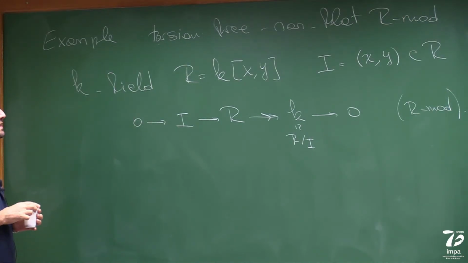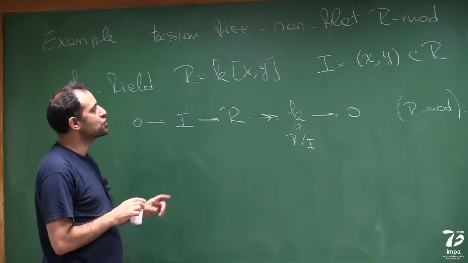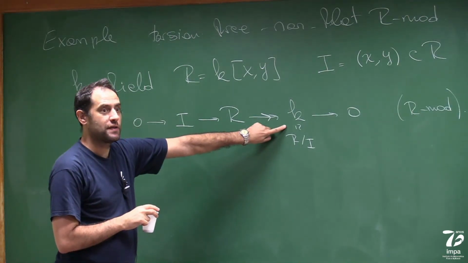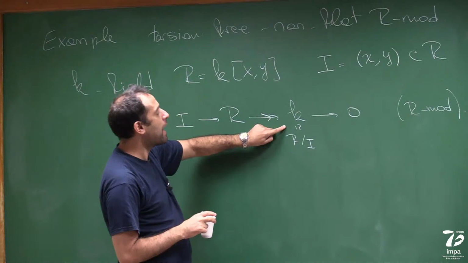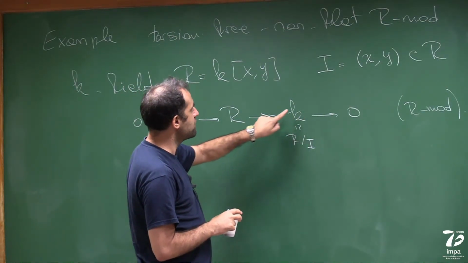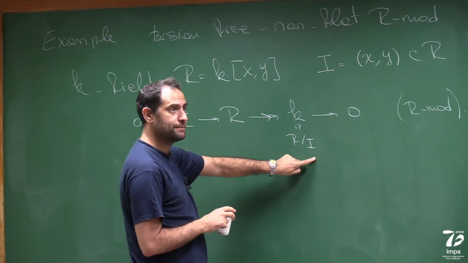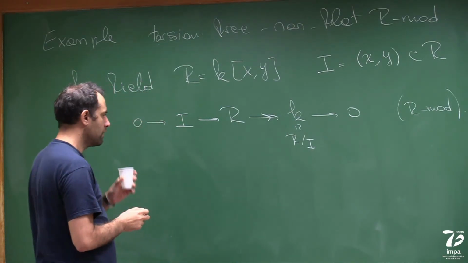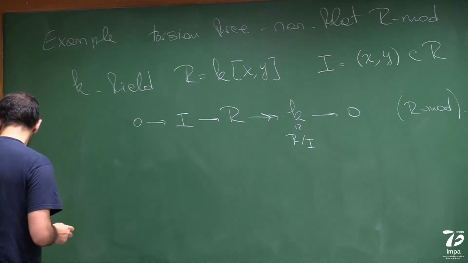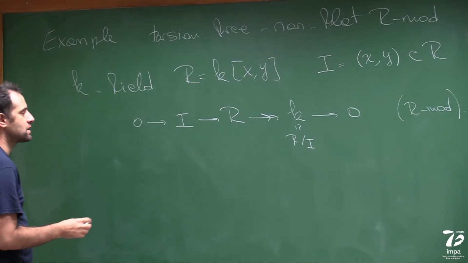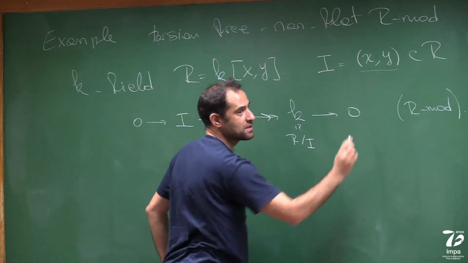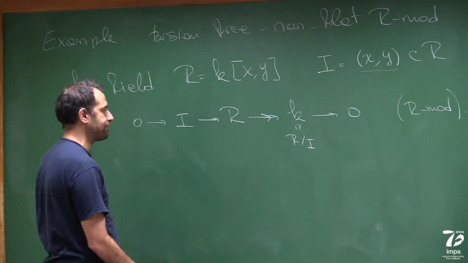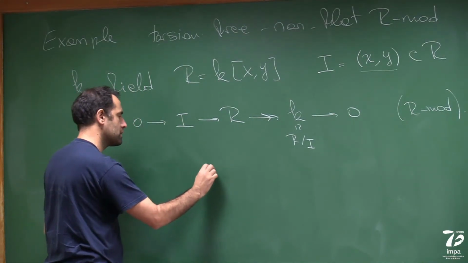Now, the trick was that we have a projective resolution of this K, viewing this K as R mod I. This was given by the fact that X and Y was a regular sequence in R, and this was given as follows.